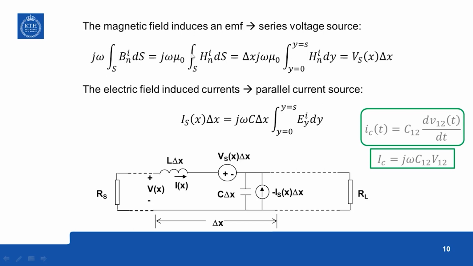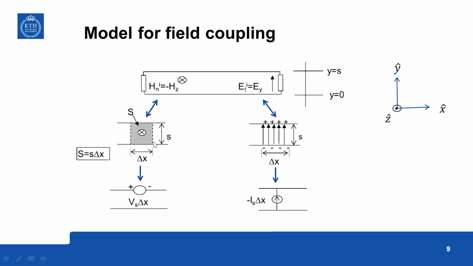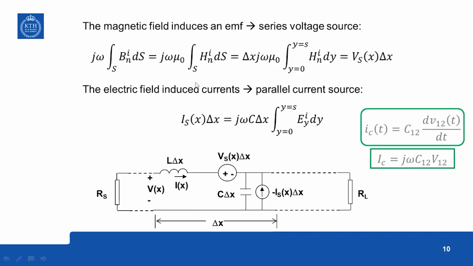So j omega mu 0 surface integral of H ds. Now ds is equal to delta x into delta y in this direction. So we are assuming that the field is not uniform here. We are taking a generic case, that's why we are doing this integral.